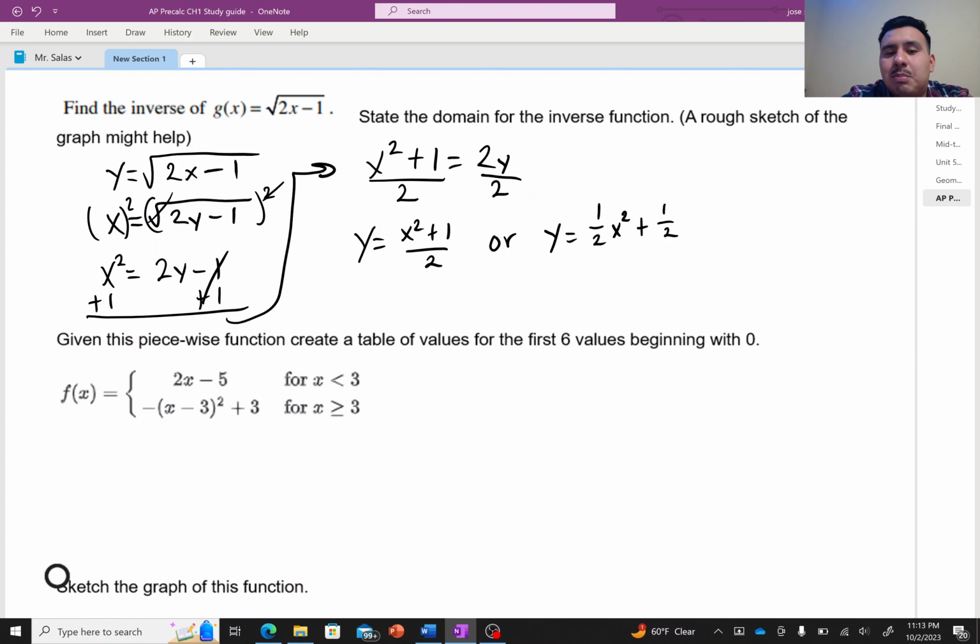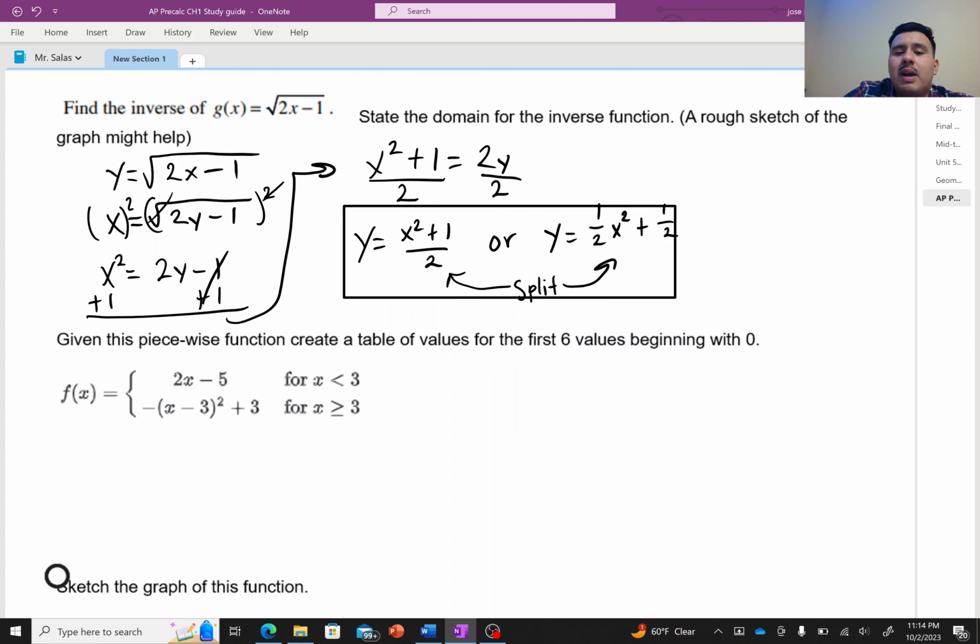Basically, I gave the 2 to the x squared, and I gave the 2 to the 1. So that's how I ended up with that. So this right here is our inverse.